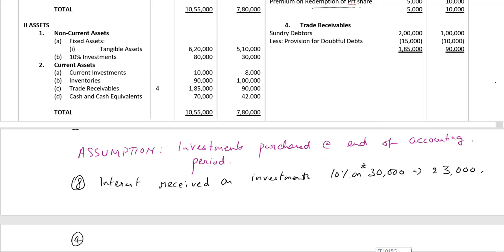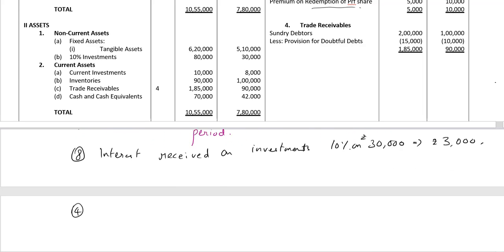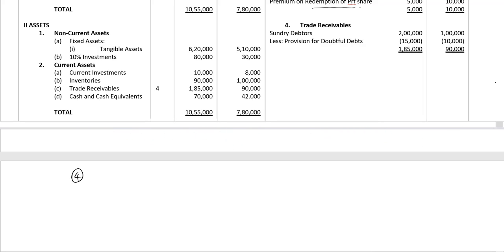Now point 4. There is a provision for doubtful debts under trade receivables. In notes to accounts, the opening balance is 10,000 and the closing balance is 15,000.